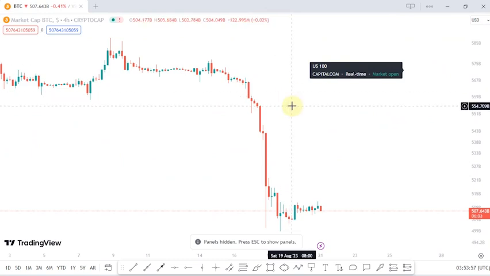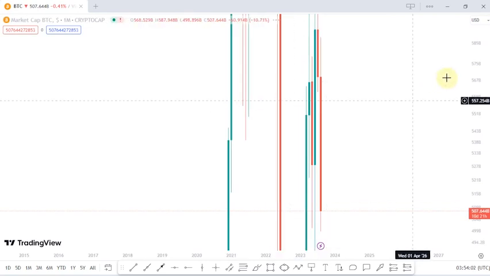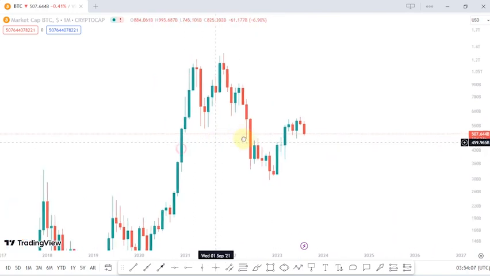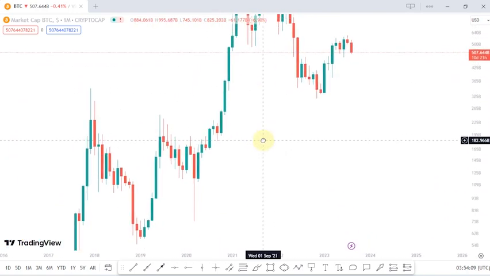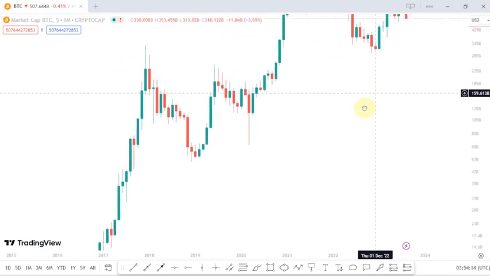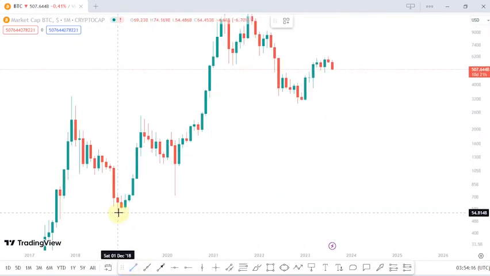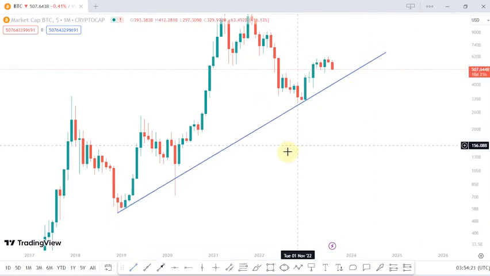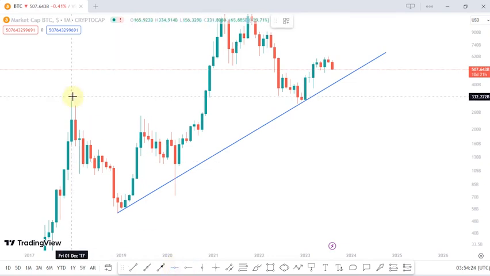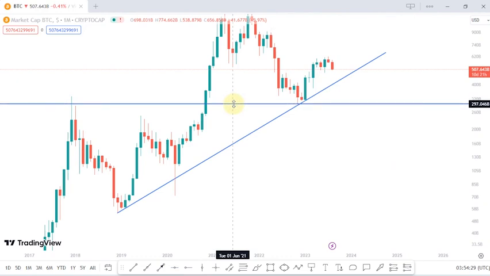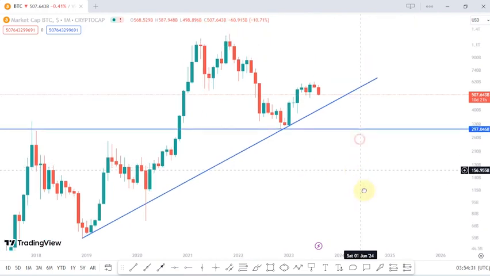Next, let's look at BTC. What can we see here on our monthly time frame? Now, if you want to learn how to do top-down analysis, check the description for more information.